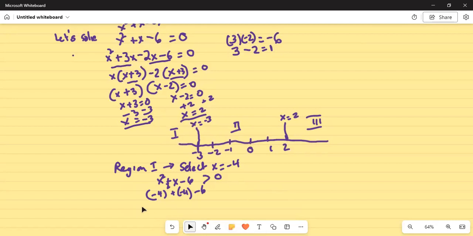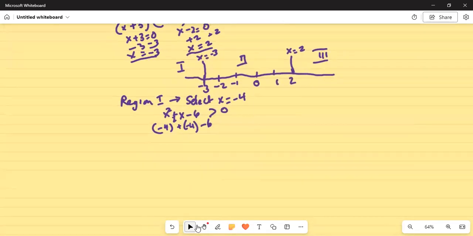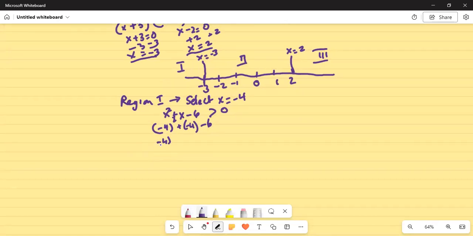So if I create some space here, (-4) squared is -4 times -4, and then plus -4 is -4 minus 6. So -4 times -4 is 16. 16 minus 4 minus 6.